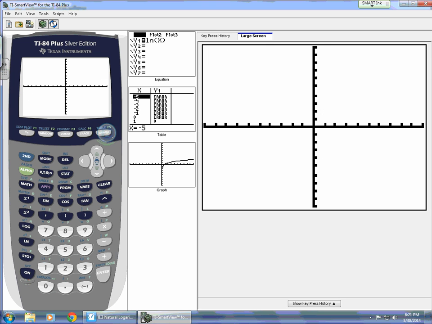Actually, let's look at the graph. I have graphed natural log of x. That's what I have graphed. And if we look right here, actually I think I'm a little bit to the right. If we look right here is actually where x would equal 1. So what do you think that looks like?